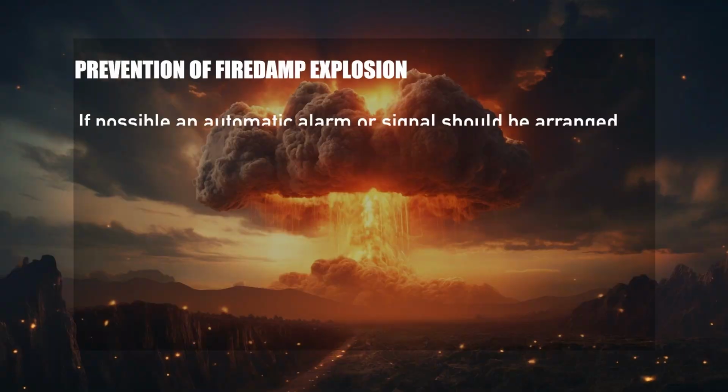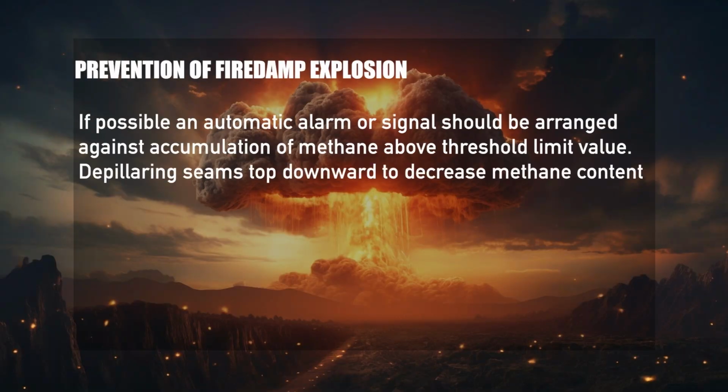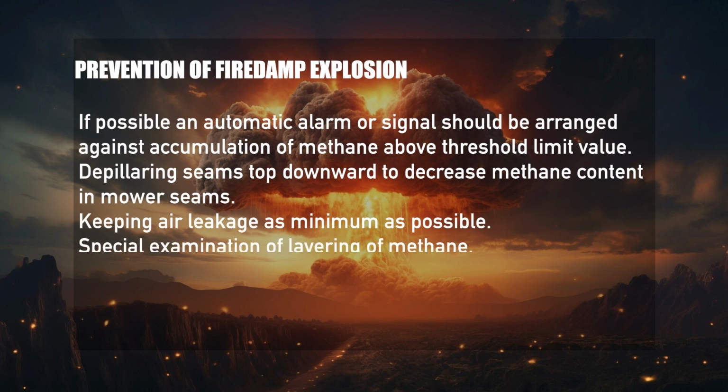If possible, an automatic alarm or signal should be arranged against accumulation of methane above the threshold limit value. It is an important and reliable system, because it warns workers from time to time that the accumulation of methane has reached a dangerous level.